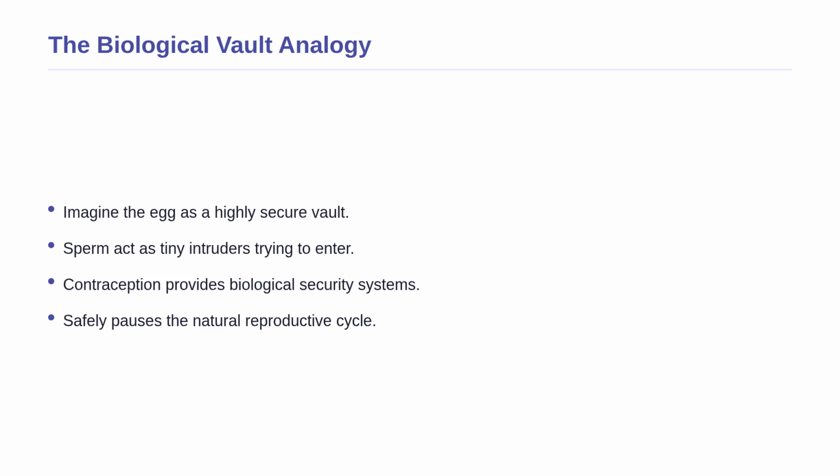This is exactly how contraceptive methods work in the human body. They act as biological security systems designed to prevent the sperm from meeting and fertilizing the egg. By understanding this natural cycle, scientists have developed ways to safely pause reproduction.